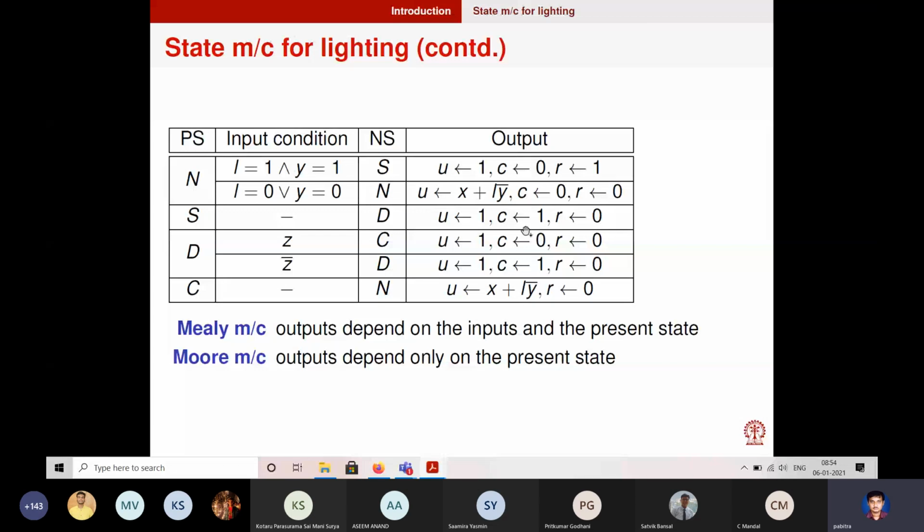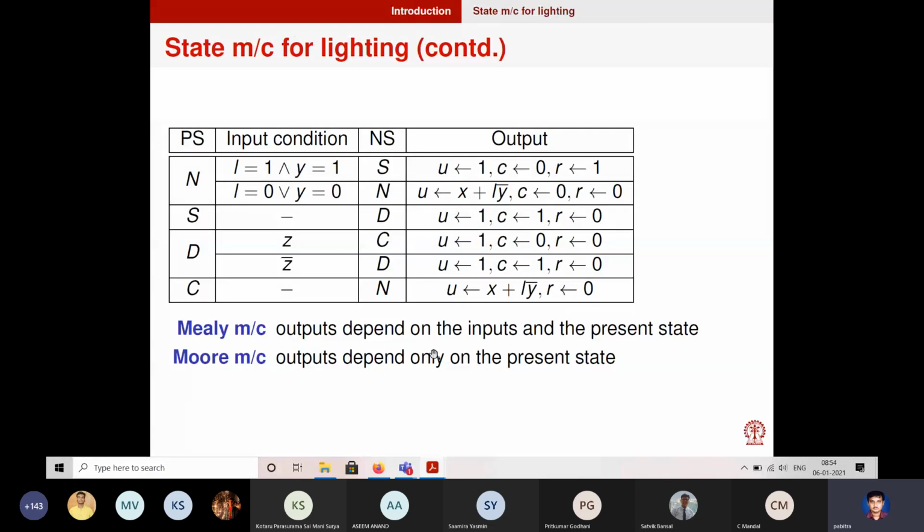One thing you see is that the expression for the output is different for different states. And of course it is different for different signal conditions. You can decide your output based on this and the input condition. So there are two situations.